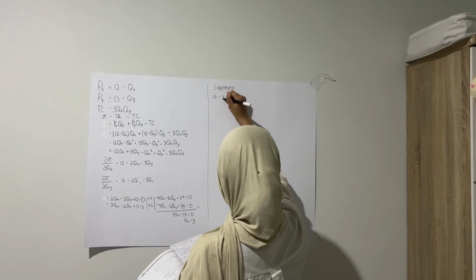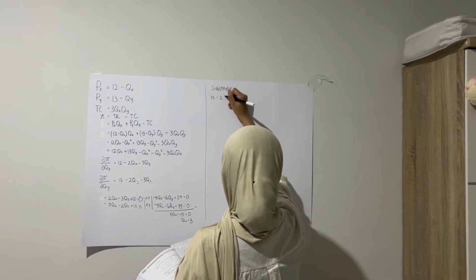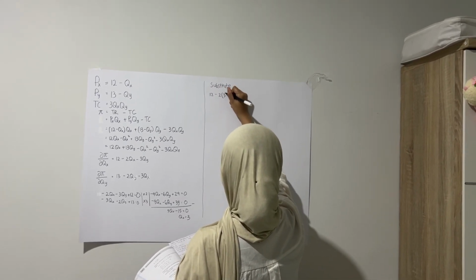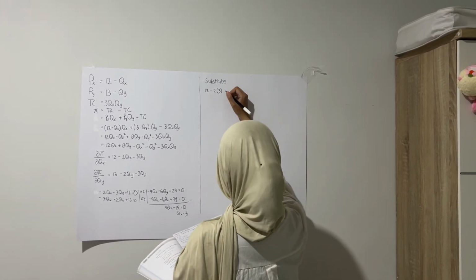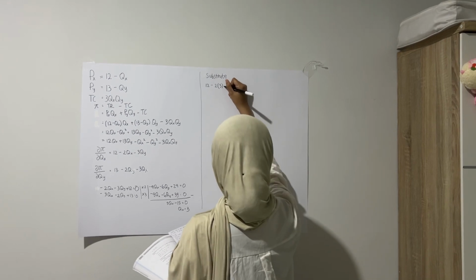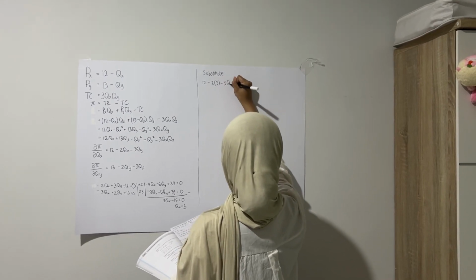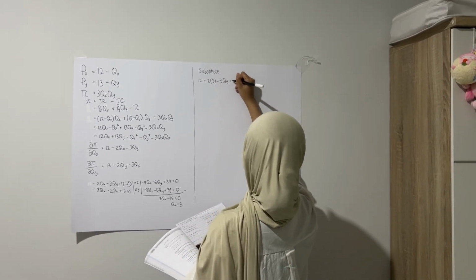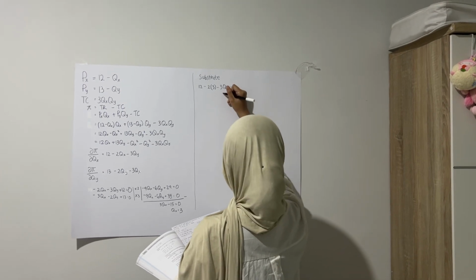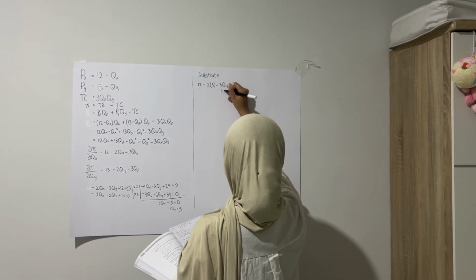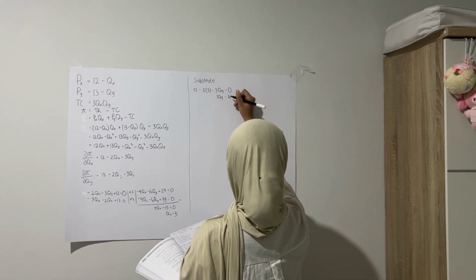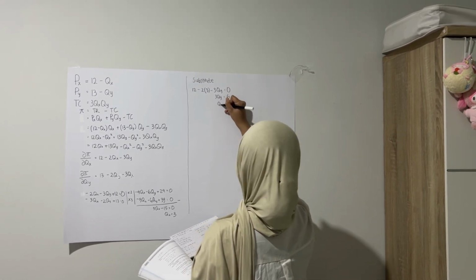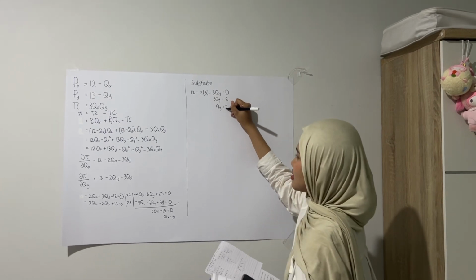Minus 2 times 3, because we change qx to 3, minus 3qy equals 0. 3qy equals 6, so we get qy equals 2.